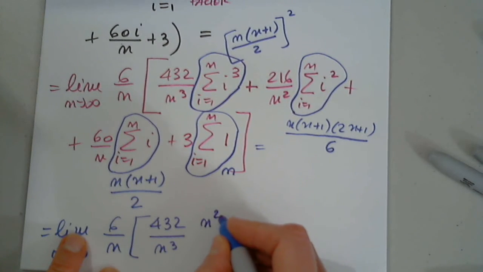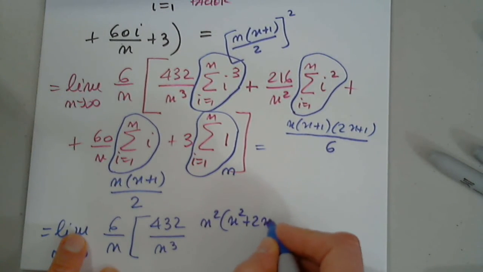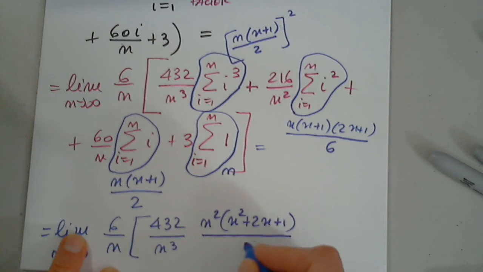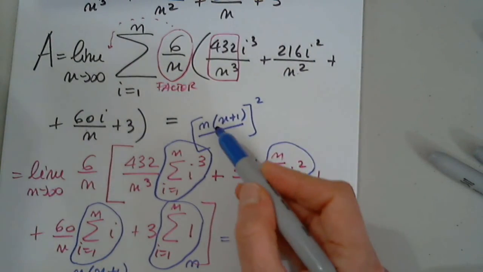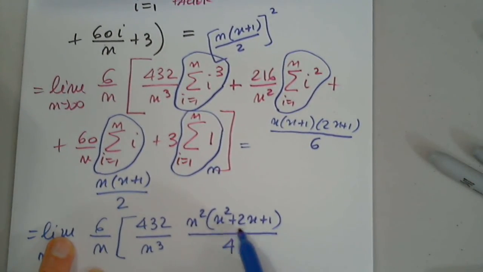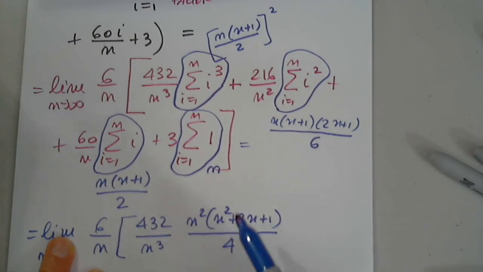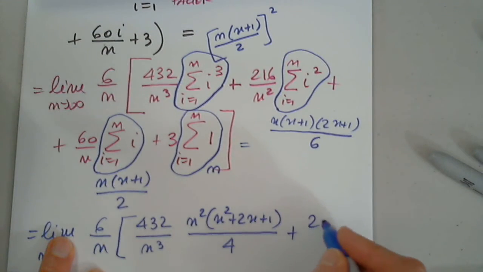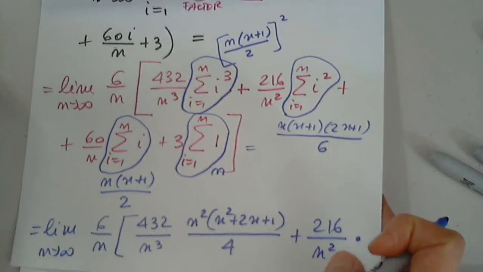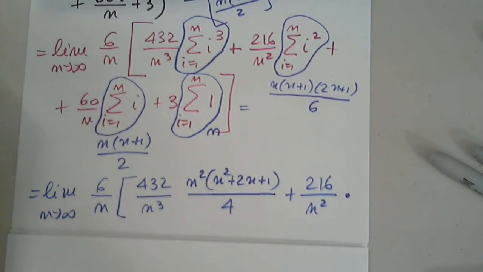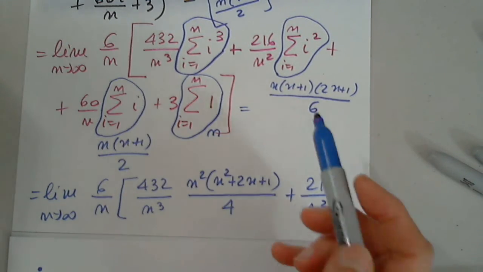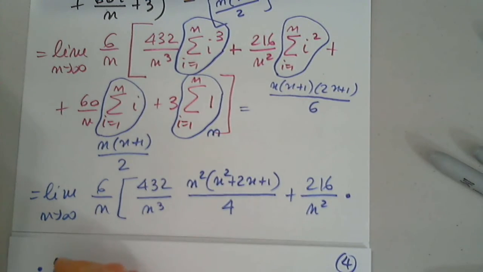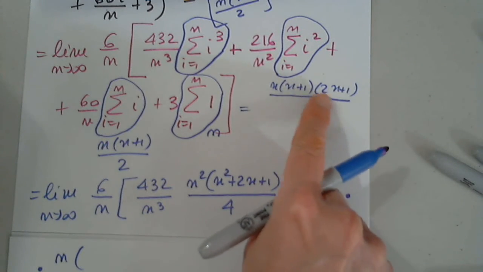So it's going to be n squared plus 2n plus 1 divided by 4, plus 216 over n squared times, I'm going to leave n alone, but I'm going to multiply these two.